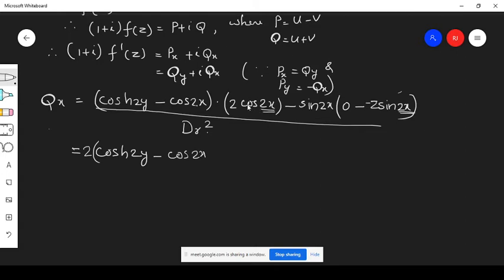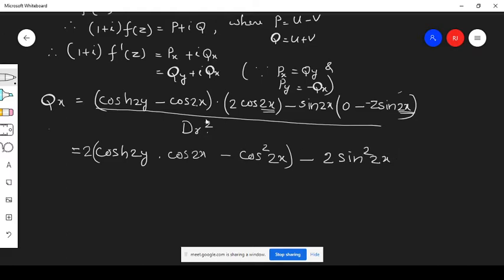So first will be cosh 2y into cos 2x minus cos 2x into cos 2x, which is cos square 2x, minus, now look here, minus into minus is plus, plus into minus is minus, so here 2 sin square 2x.